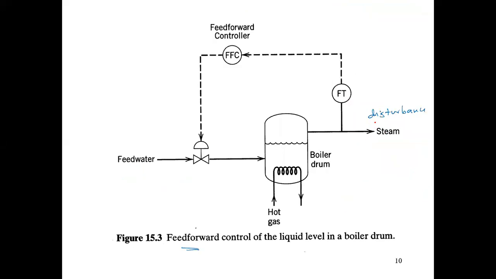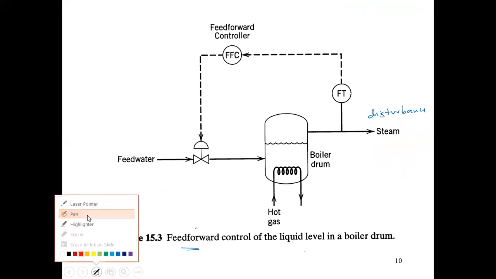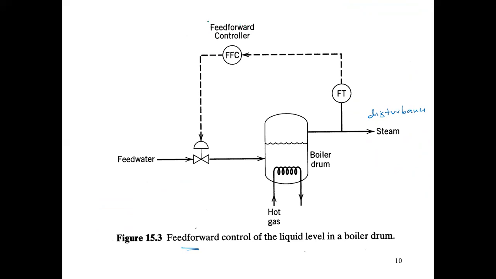So now see कि अगर हम feed forward control use करना चाहें, तो in that case, in feed forward control, what we will be doing is कि हम इस disturbance को measure करेंगे. ये सिर्फ feed forward है, तो we are measuring the disturbance. और ये disturbance आप feed forward control, FFC, को provide कर रहे हैं.